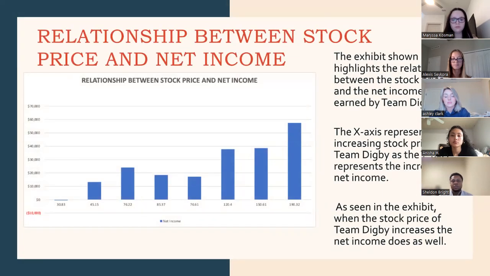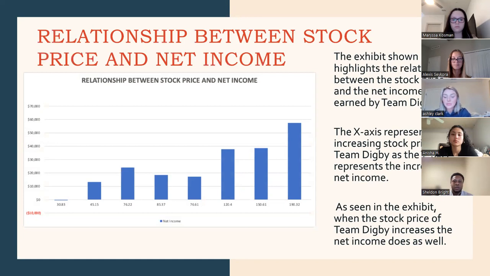In this final slide, I'll be discussing the relationship between the stock price and the net income. As you can see, our net income saw increases throughout all 8 rounds, as well as our stock price. This key correlation highlighted the key business decisions that Team Digby was able to make that helped increase both the stock price and the net income.